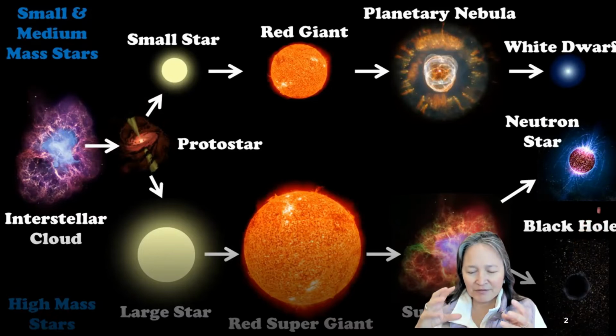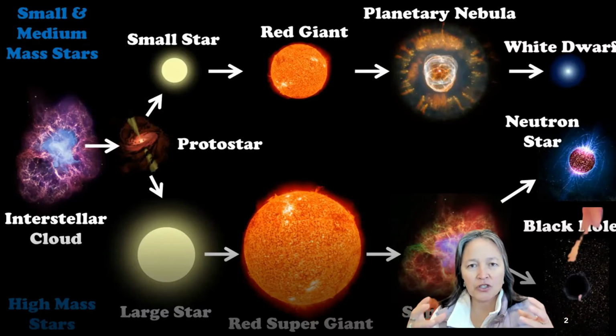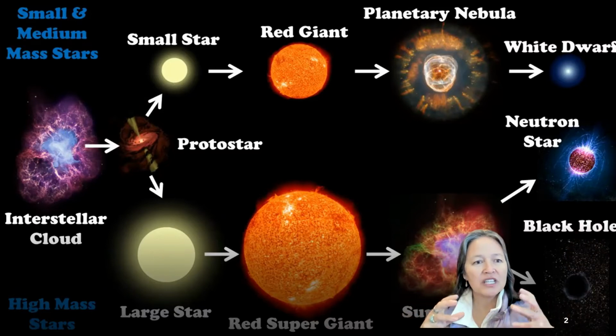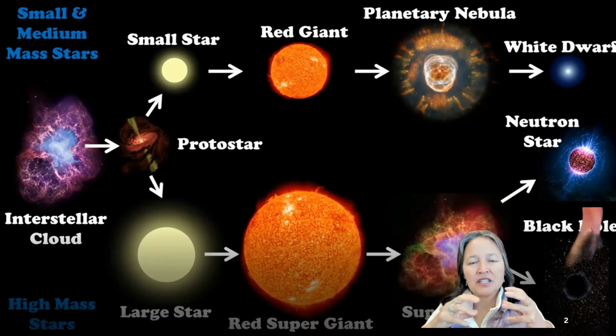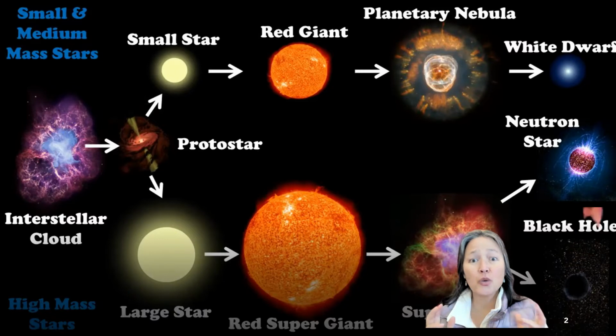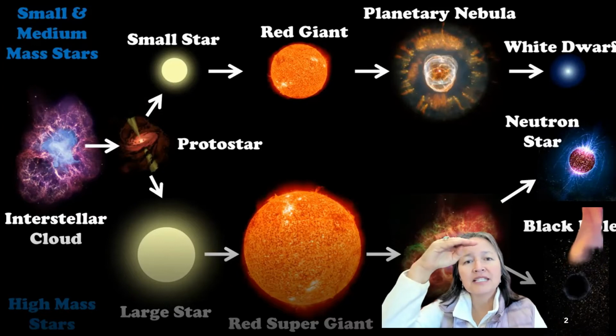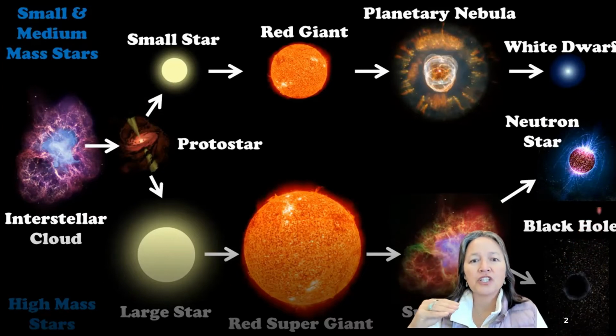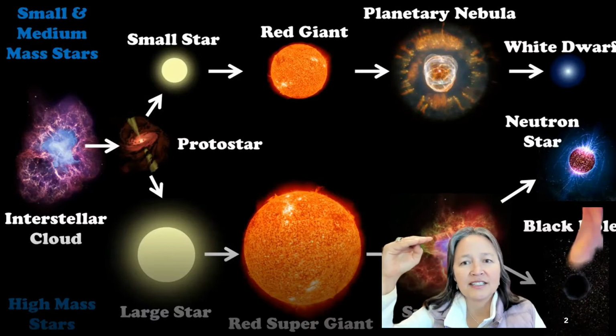That's interesting. But if you're a smaller to mid-sized mass star, and when we say mass, if you look up the science in relativity, they always compare it to our sun, our solar mass. So even if you're a smaller, medium-sized star moving into a small star category, you're still way bigger than our own sun. It's huge. But if you're on that small to mid-sized star trajectory, then instead of a red supergiant, you're going to become a red giant.